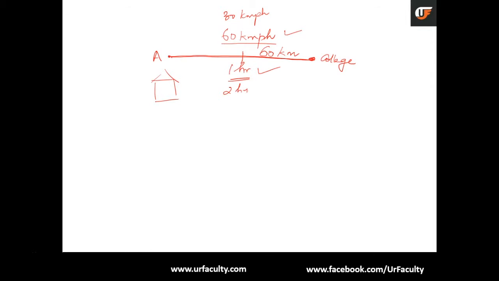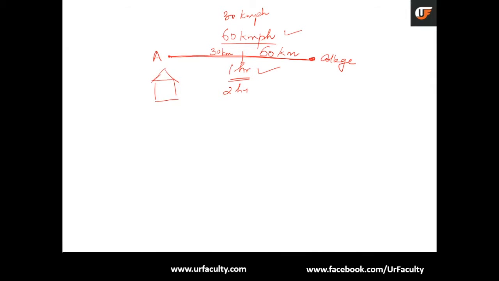You are traveling at 60 km per hour and the distance is 60 km, which you finish in 1 hour. So after 30 minutes you are 30 km away from your home. So that is relative. Now you are comparing yourself against an object from where you started. This is the basis for relative speed.